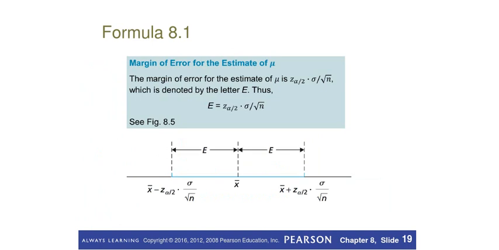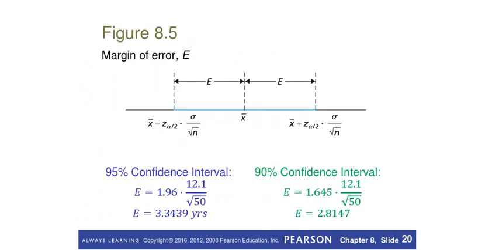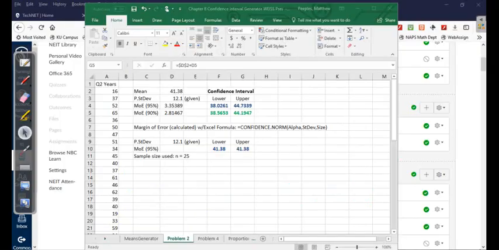So let's show this for our two calculations. Our margin of error for 95%, if we did this by hand, would be 1.96 times 12.1 over the square root of 50. We come up with 3.3439 years. In Excel, yeah, 3.3539 years. So that's actually right on target.